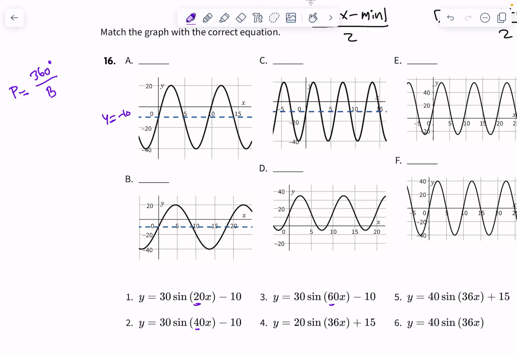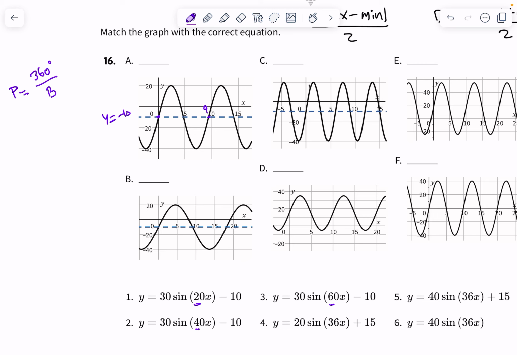I like to think about my period as from 0 all the way to here, which is very close to 10. So I would maybe say that that's about 9, right?